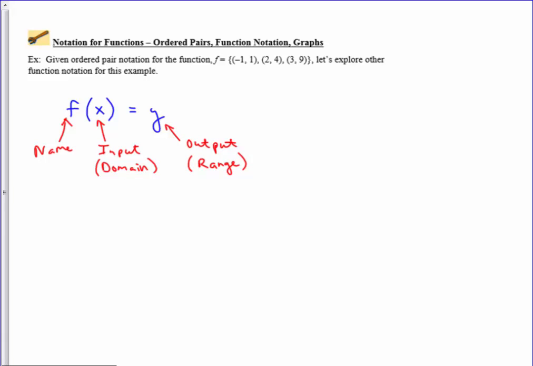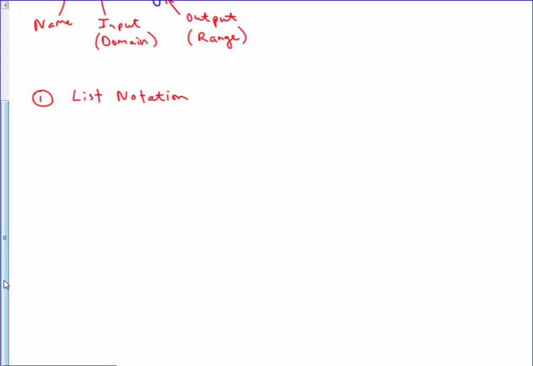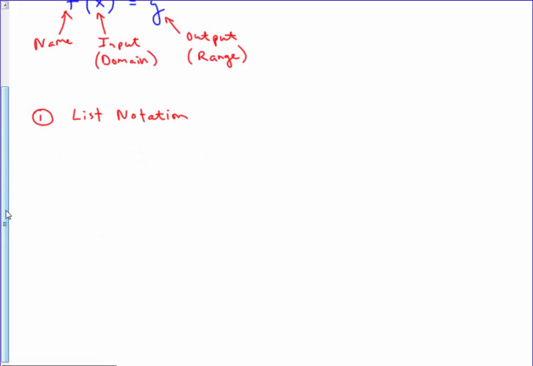Now, first thing I want to discuss is what we call list notation. You will be familiar with this, being that this is what I use to introduce the idea of functions. You would have a domain element, range elements, and they're listed.